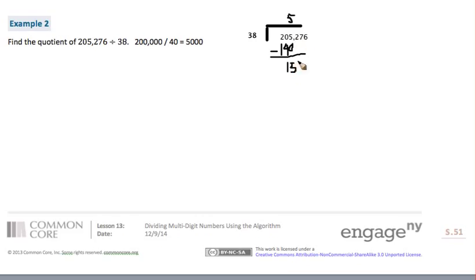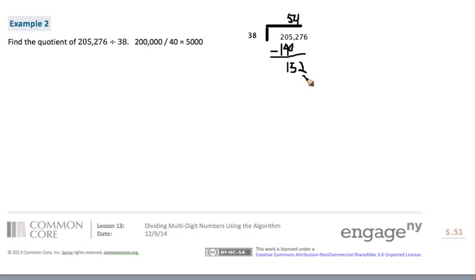Next, we need to bring down the 2. 152. 38 going into 152 can't be 5 because that was 190. We could try a 4, putting that right above the 2 since that's the last digit in the numbers we're dividing.